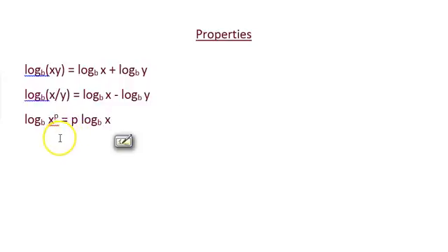Our third property has to do with powers. And here we start out with log base b of x to some power, some number power, and we can actually take that and move it to the front because, again, the answer to a log is an exponent. We already have an exponent, so I can move it to the front and do this exponent times what I would view as an exponent here.